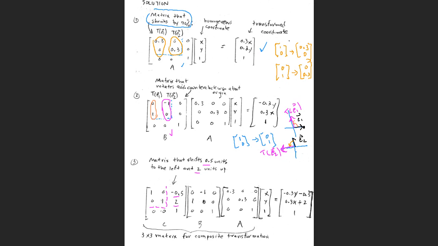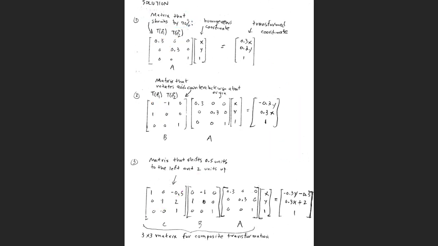There's H, there's K. And now you multiply the three together, and the 3 by 3 matrix for the composition would be C times B times A. And this would give the transformed X and Y coordinates through this composition of the three transformations.